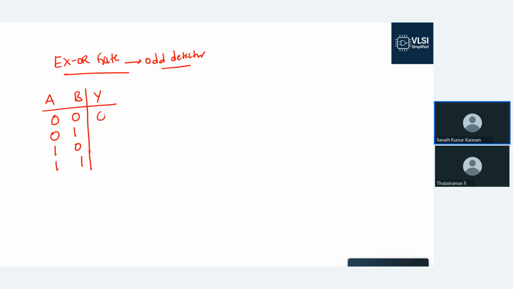If the inputs differ, the output is 1, and here it is 0. The symbol for this one is the XOR gate. This is A and B, and Y equal to what? A XOR B. You can write this as A bar B plus AB bar. This is the XOR gate.